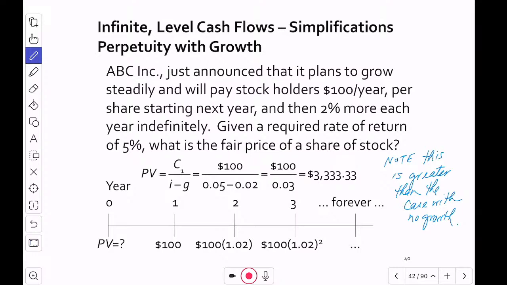Any comments or questions? This is higher because your cash flows are assumed to grow at 2% forever.